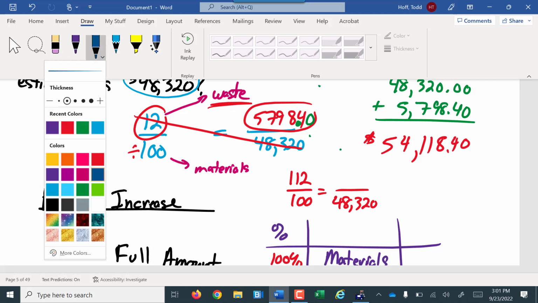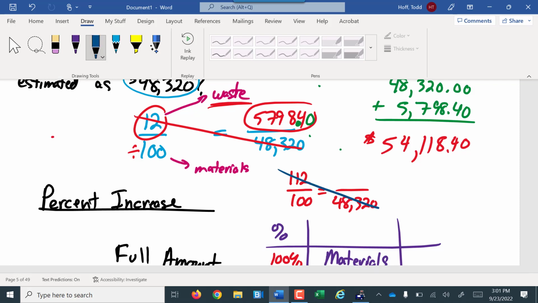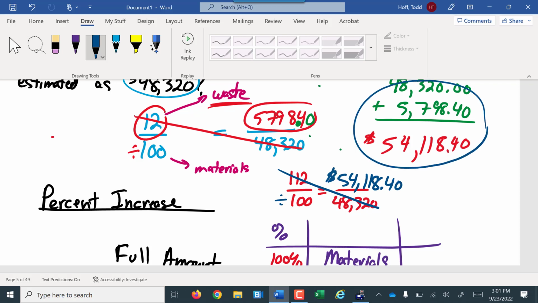Cross multiply and divide, 112 times 48,320 divided by 100, $54,118.40. Would have saved us that step of having to add it back on later. Now in a problem like this, it's the same amount of effort either way.